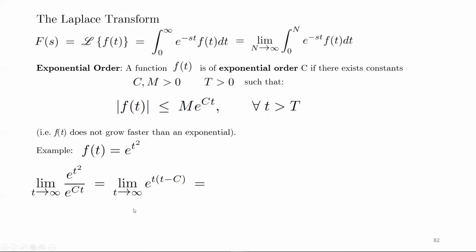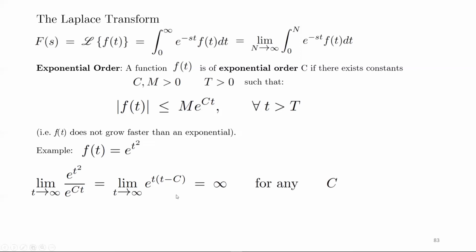I can write that as the limit as t goes to infinity of e to the t times t minus c. And this is going to be equal to infinity for any value of c. It doesn't matter if c is positive or negative, this is going to infinity.